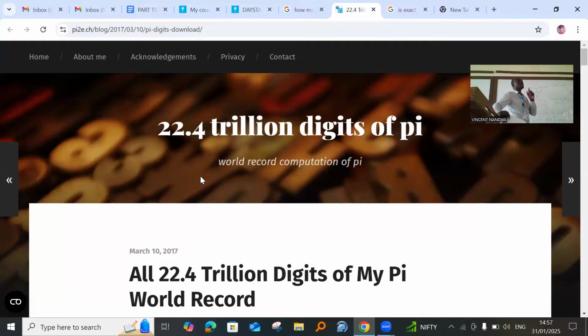Because if you make that conclusion that pi is exactly equal to 22/7, then what you mean is that pi is a rational number. Because you see 22 is an integer, 7 is also an integer. So know that pi is not exactly equal to 22/7. If you have to write this sign, the equality sign, put two dots, just to be safe.